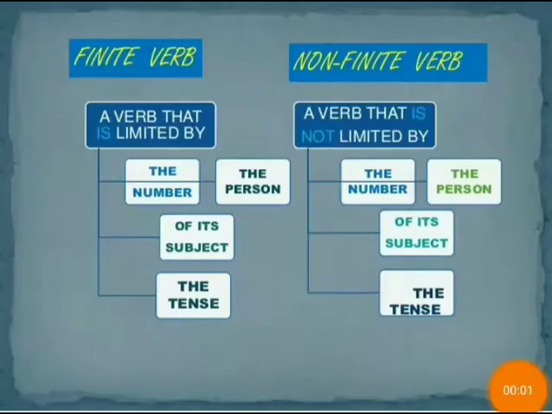So, children, you have learnt noun, pronoun, and today we will learn about verbs. So action or something performed, task performed by the subject is known as verb. Verb means to do something, any action or any work.